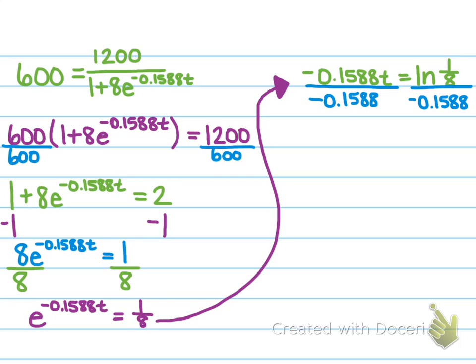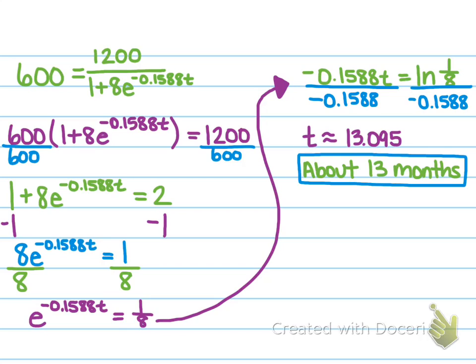So in my calculator, I'm going to do the natural log of 1 over 8 divided by negative 0.1588. And we get that t is approximately 13.095. So then I think back to what this is talking about. This is talking about the number of months that it takes for the population to be 600. So that's just going to be 13 months. We're not going to use the decimal portion of this number.